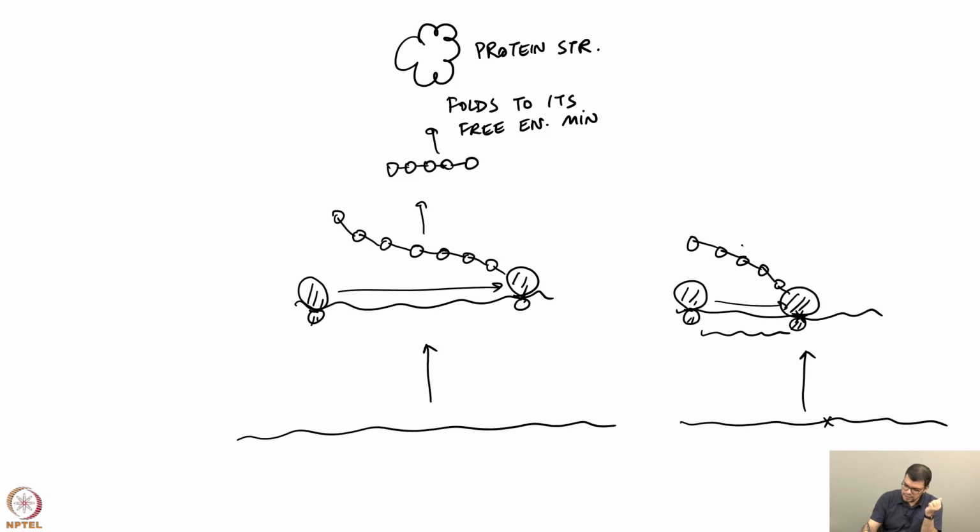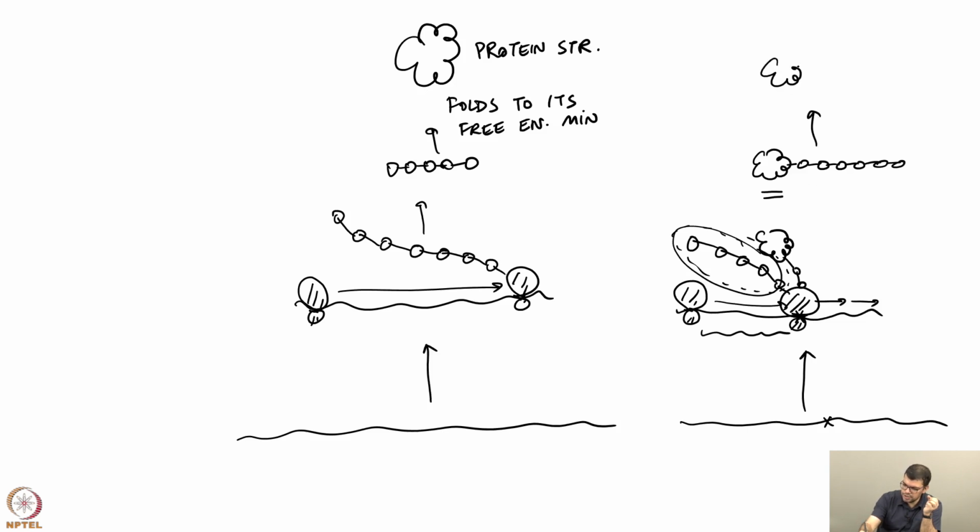In that process, this chain is not going to remain as it is. This folds into its free energy minimum. So, what will happen is that I will get a structure like this. This has folded now, and then when it resumes translation, I will get a structure like this, which comprises the folded part of the first half when the ribosome paused, and the rest of the unfolded one, which is now going to fold, and I will get this particular shape of the protein instead of this.